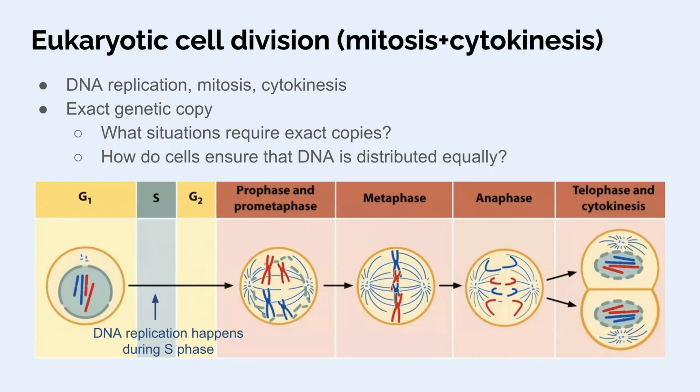Okay, so looking at the process of mitosis, I've been using the term mitosis and talking about cell division. If you are really into your vocabulary, you might have felt a little uneasy about that. Basically, in this class in genetics, I'm going to use mitosis and cytokinesis as one event.